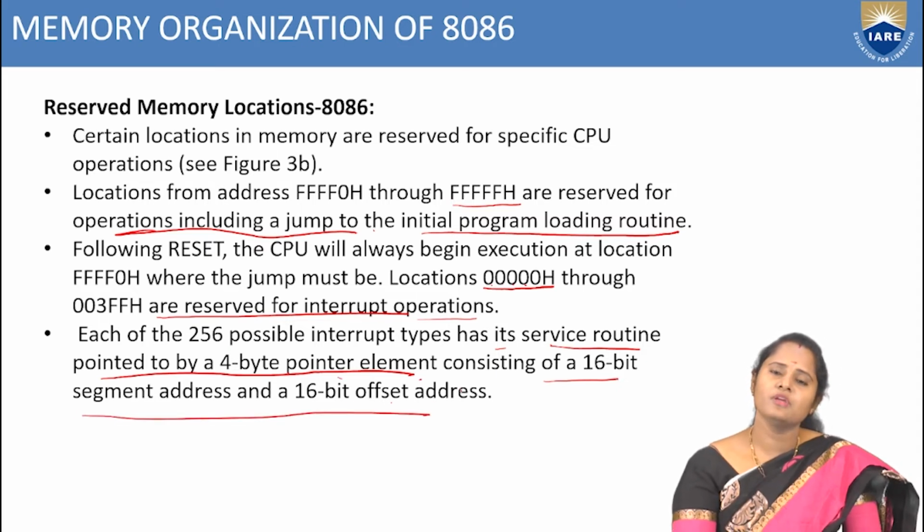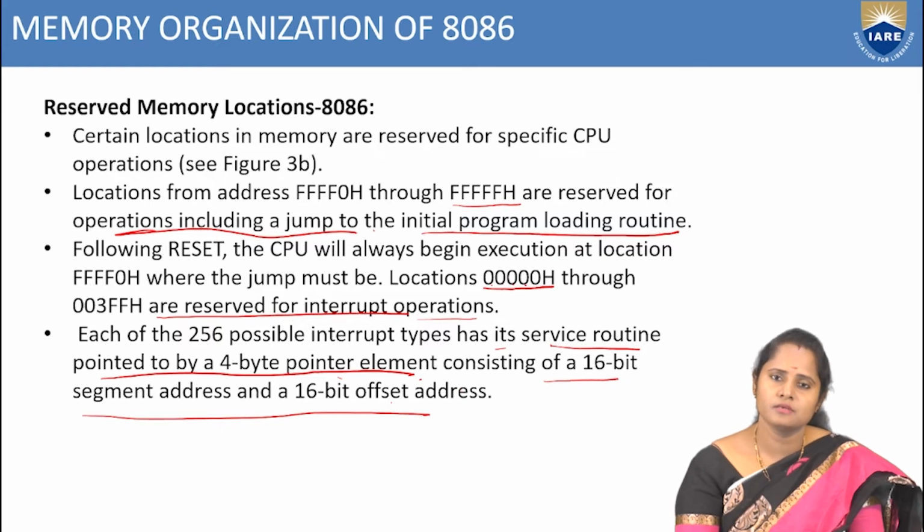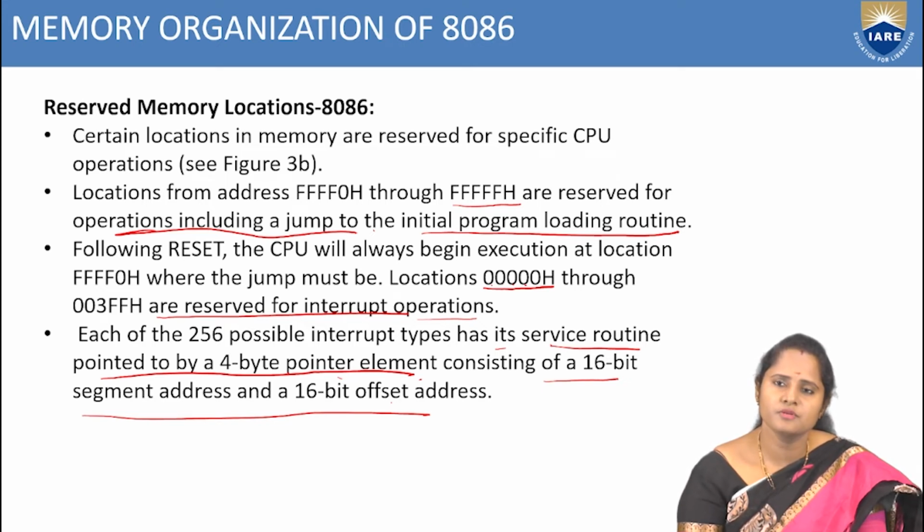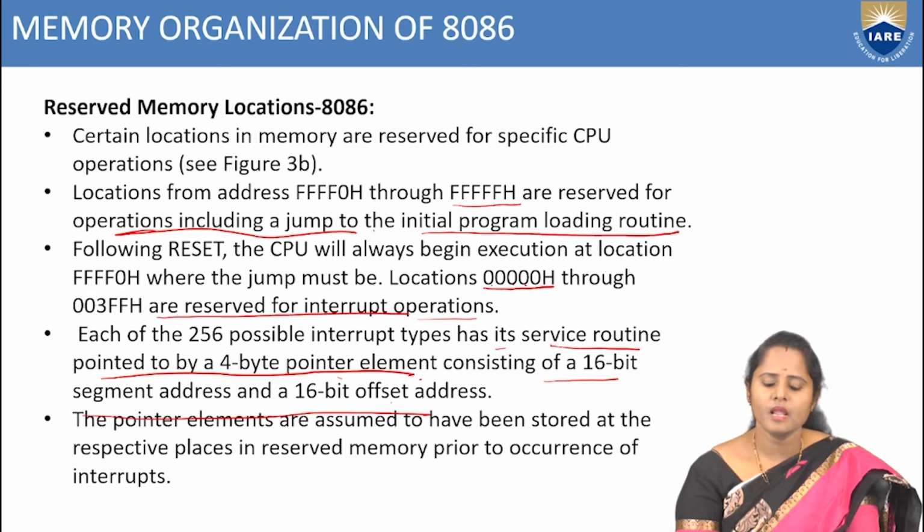As we know, we have 256 software interrupts for our 8086. These 256 interrupts have an interrupt service routine pointer, where that pointer stores 4 bytes, which consist of 16 bits of segment address and 16 bits of offset address.